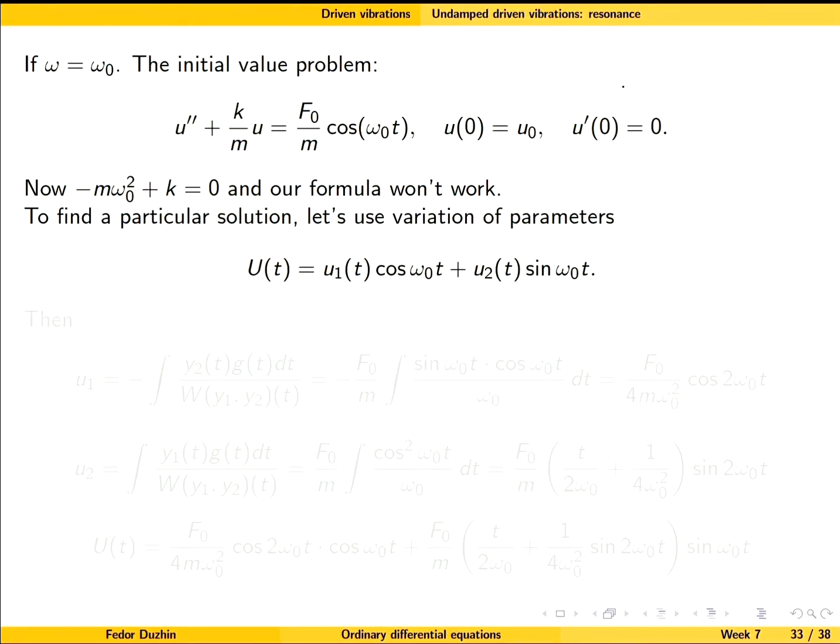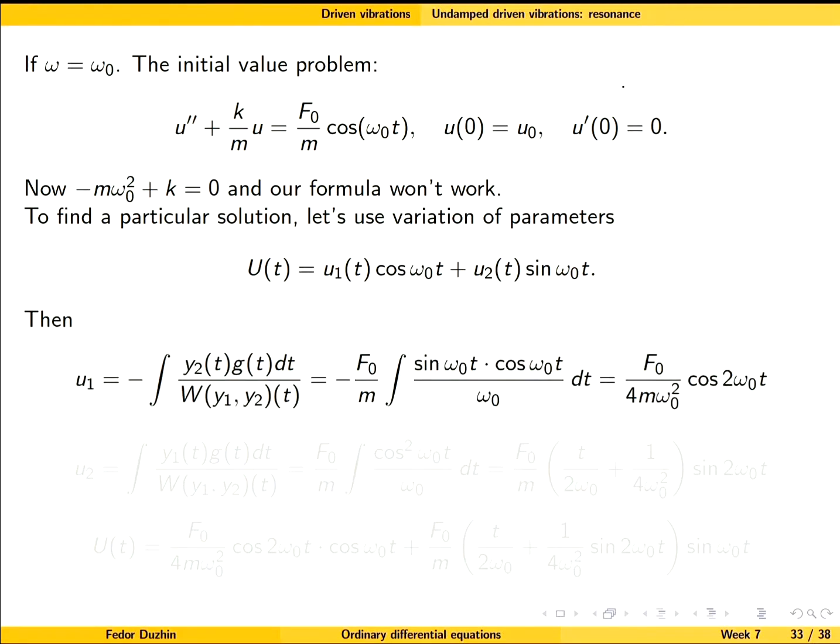Now recall that here is the formula for u1 in variation of parameters. It is complicated, of course, but it's not too bad because the Wronskian here is a constant, so you can just put in all the information, and then you can use Wolfram Alpha to integrate it, and here is the answer. So that's u1.